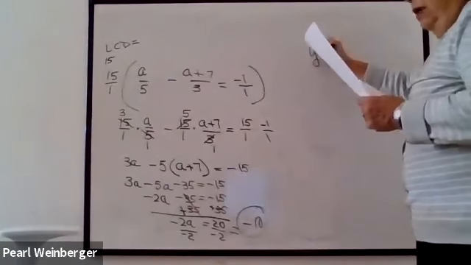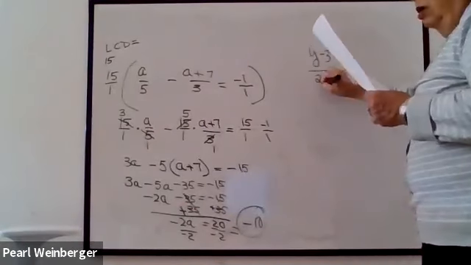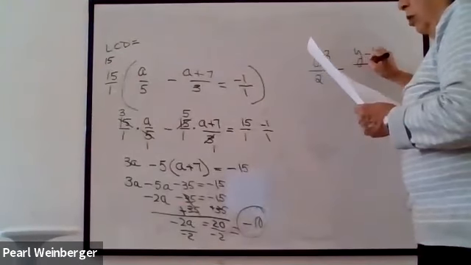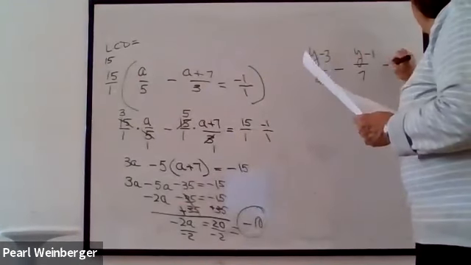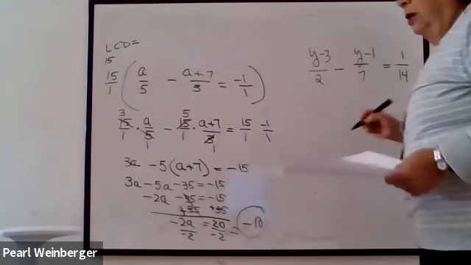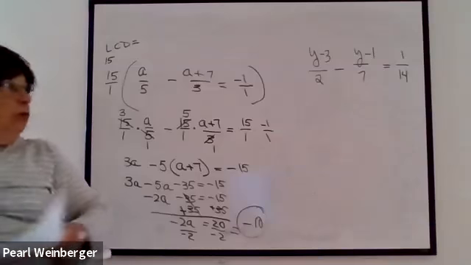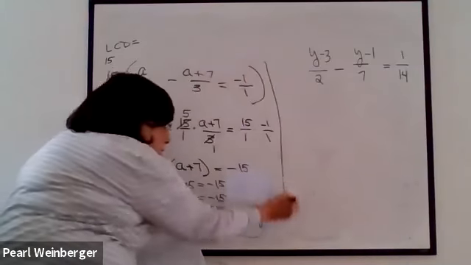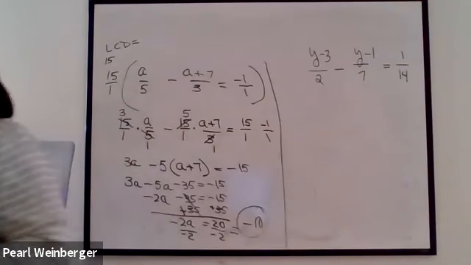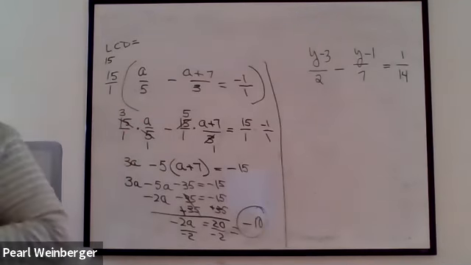It's y minus 3 over 2 minus y minus 1 over 7 equals 1 over 14. Okay, I'm going to give you time while I'm taking attendance. You try and do this problem, which again has fractions in it. And let's see if we can get that, because this is an important thing that we should be able to do.